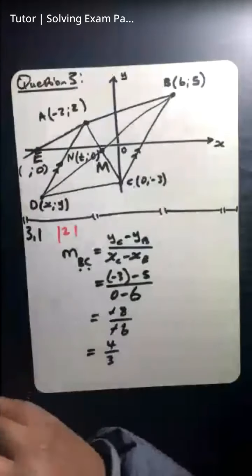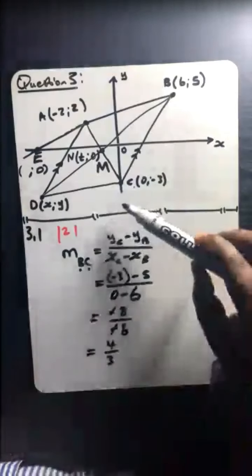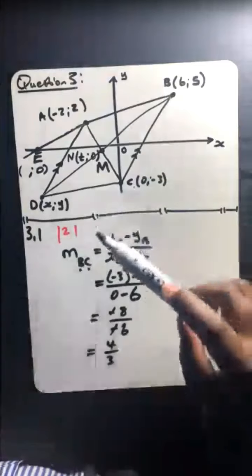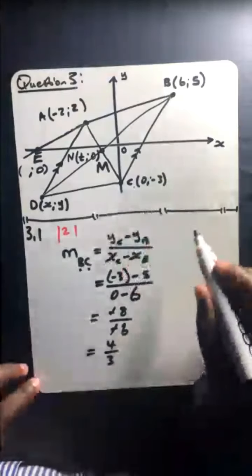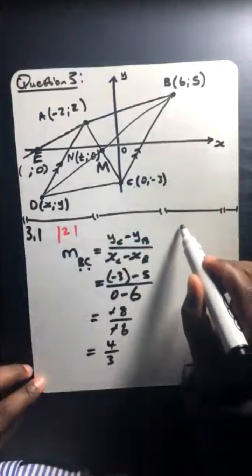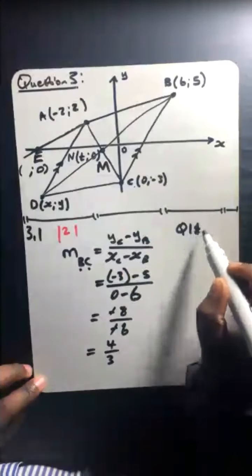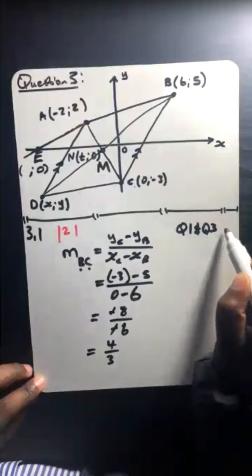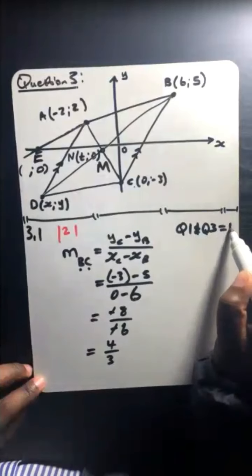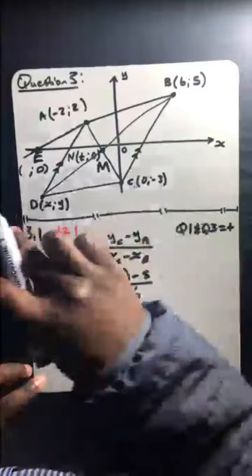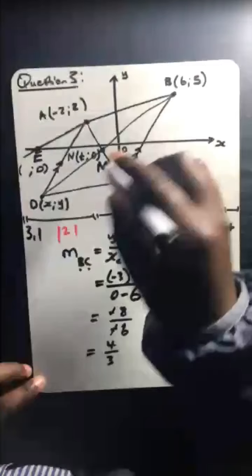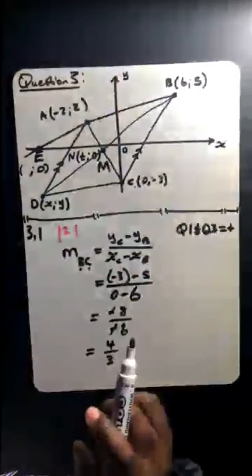So remember, guys, I've always been telling you that for all the lines radiating or crossing, what is it? Quadrant number 1 and quadrant number 3. They have positive gradients. So that means all the lines that when produced, can you see how nice the math is?